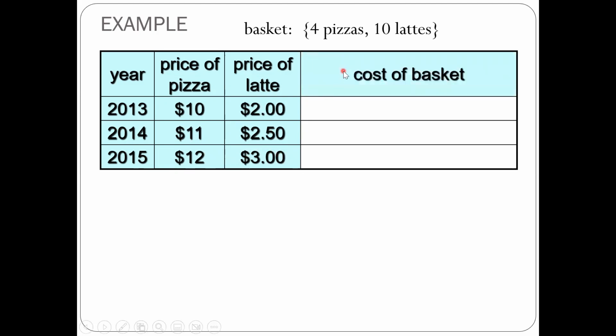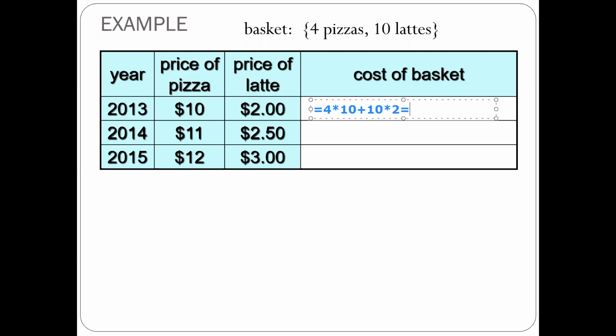So in order to calculate the cost of basket, we have the quantities of each item multiply the price. So the cost of the basket in 2013 will be equal to 4 multiply 10 plus 10 multiply 2.